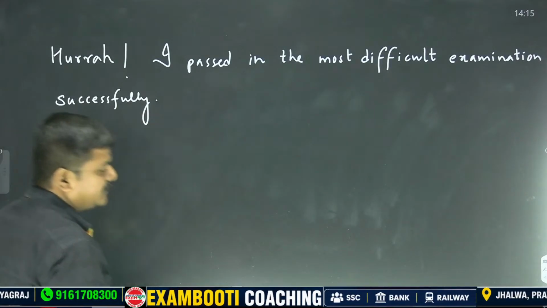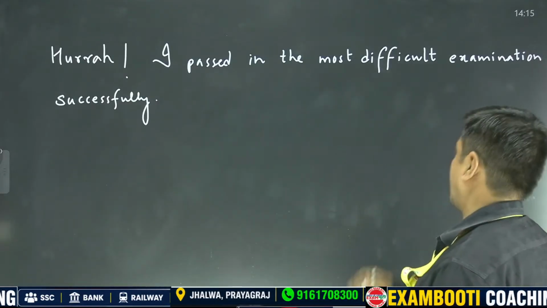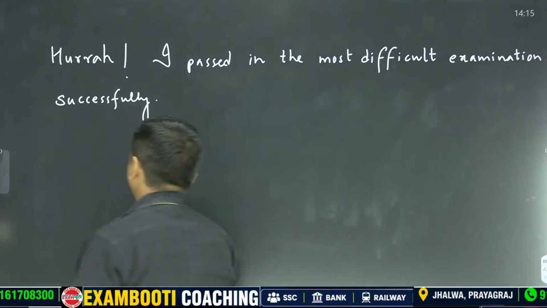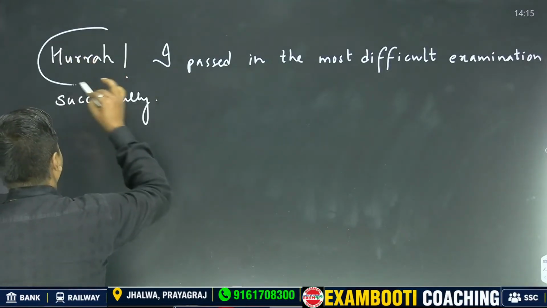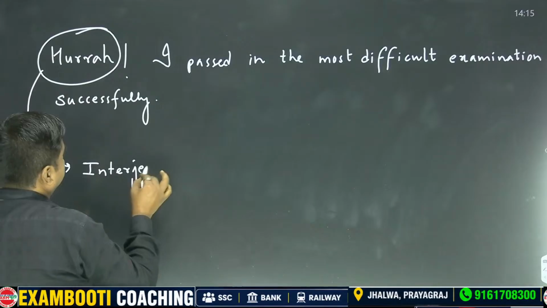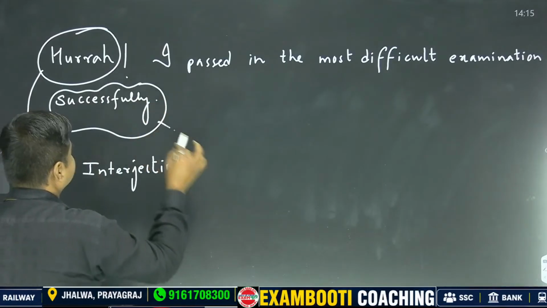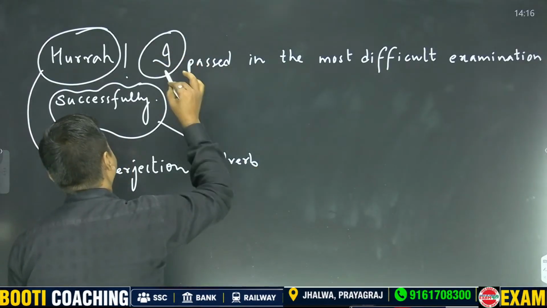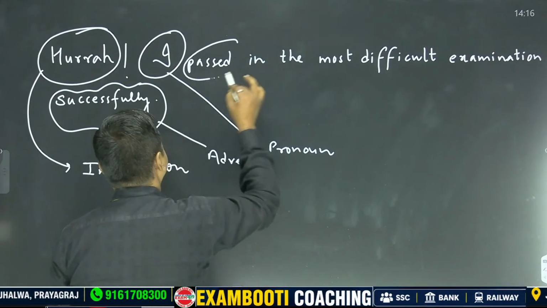Now you can see that I have written a sentence, and the sentence is, Hurrah! I passed in the exam, in the most difficult examination successfully. Now, if you just watch this sentence carefully, you will find that this word is an interjection. This word is an adverb. This word is a pronoun. This word is a verb.